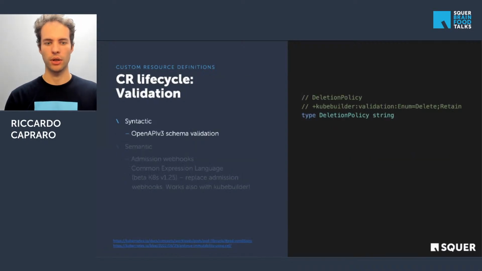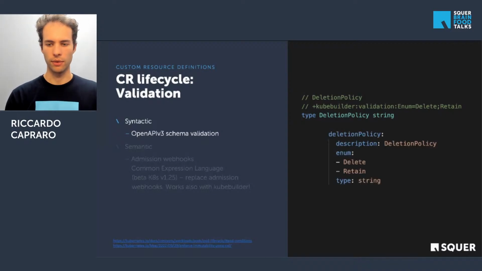Do validation simply at the OpenAPI v3 schema. So you can see this is basically what it does. We have this type deletion policy and some Kubebuilder annotation, and then this is a section of the custom resource definition that's generated from this annotation. And you see that here we're saying, okay, this deletion policy can only have 2 values: delete everything or orphan.